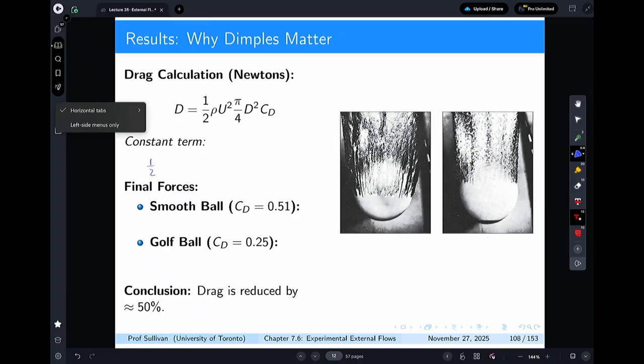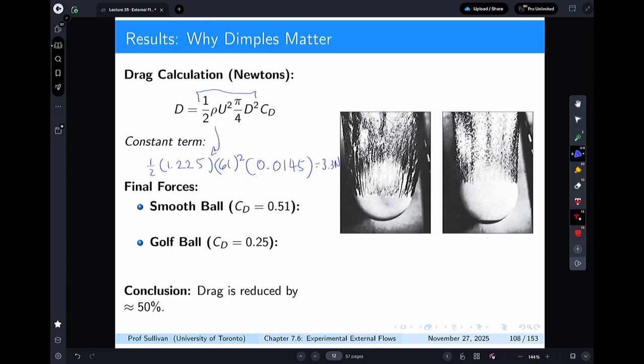So that constant term is going to be 1/2 times 1.225 times 61 squared times 0.0145, and that's right here. I can put all of that together and I get 3.3 newtons.